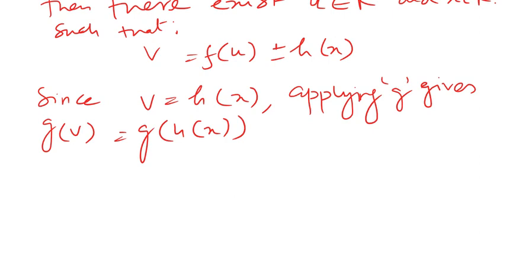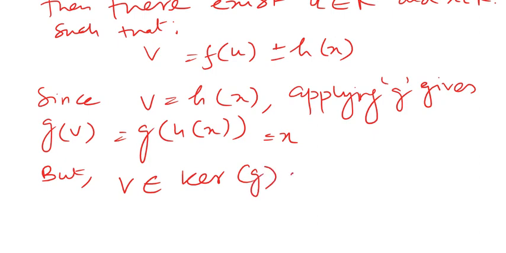That means g of h of x is x, so g of v means x. But v belongs to kernel of g, hence g of v equals 0.